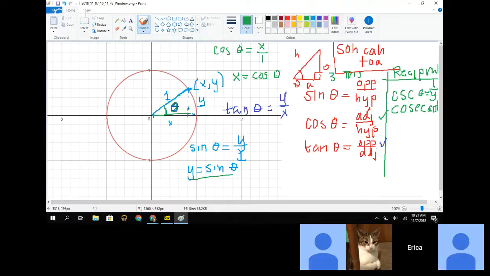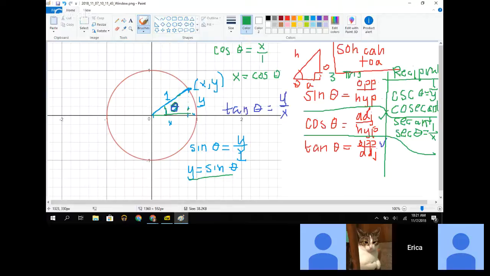Okay. The cosine also has a reciprocal. The reciprocal of the cosine is called the secant. Okay. And that is SEC. So the secant of theta is 1 over x because the cosine of theta is x. So reciprocal.